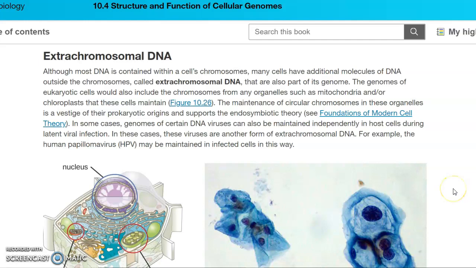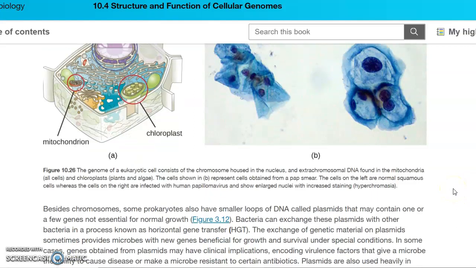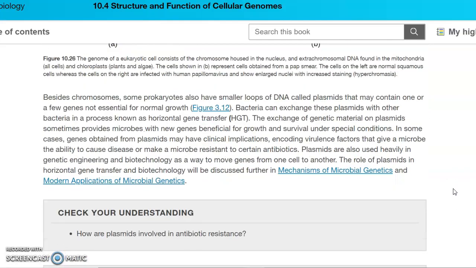But prokaryotes have loops of DNA referred to as plasmids. Plasmids can contain one or more genes that are not necessarily for the cell to grow, but contain information that could be beneficial for survival or growth under special conditions.